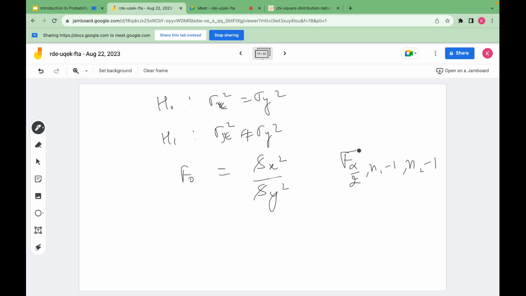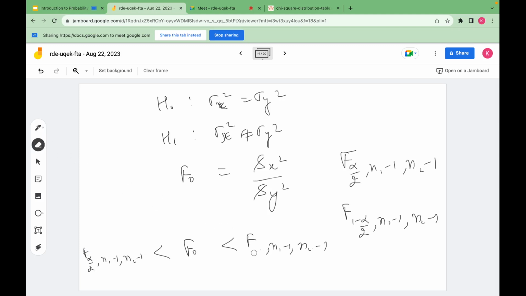So if this F naught is between F 1 minus alpha by 2, n1 minus 1, n2 minus 1 and F alpha by 2, n1 minus 1, n2 minus 1.